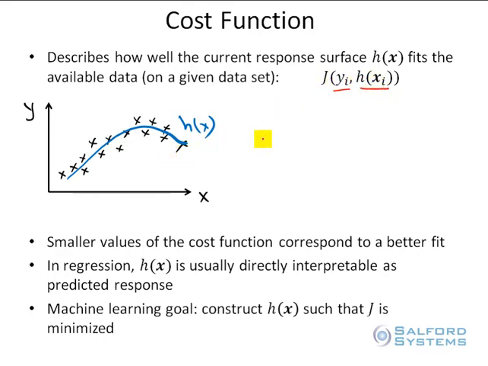Now, needless to say, because we call it cost function, usually the way it's constructed mathematically is such that the smaller values of the cost function will correspond to a better fit.